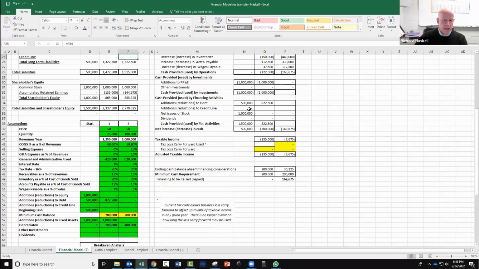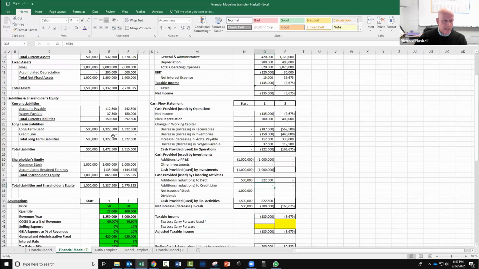And then with my credit line over here on the cash flow statement, I'm going to do the same thing. So now here I pick it up from what's happening in the assumptions table. And here I've also picked it up from what's happening in the assumptions table.